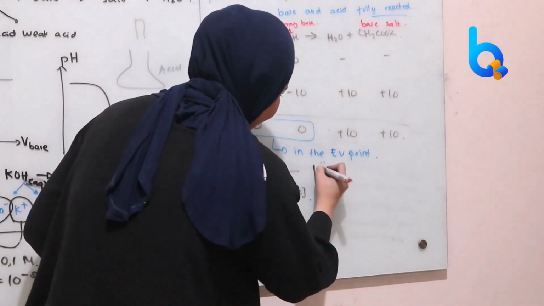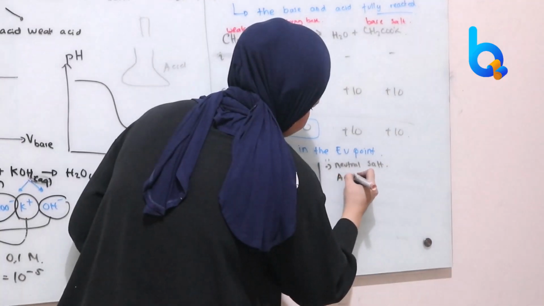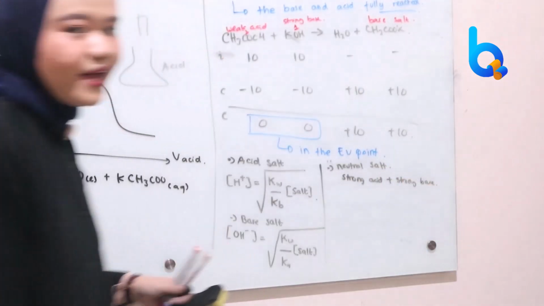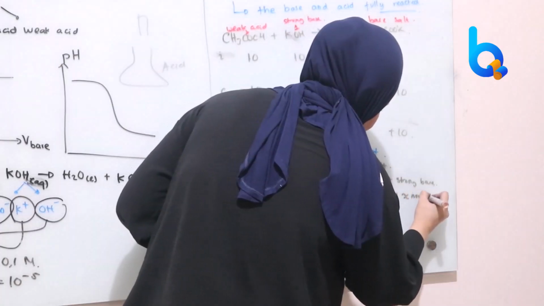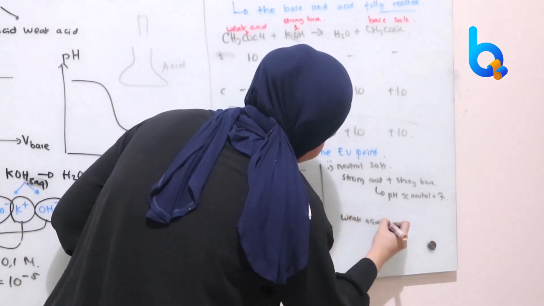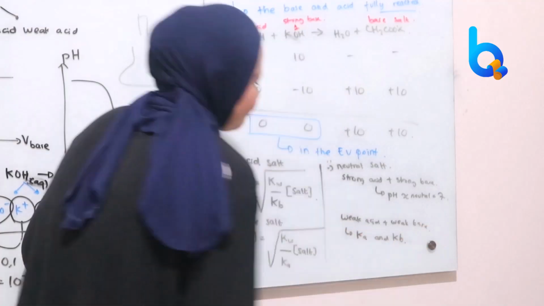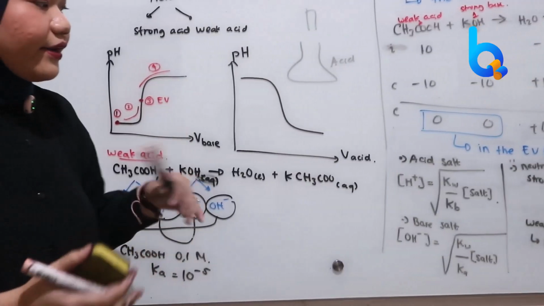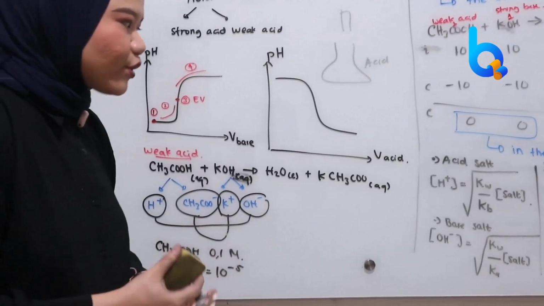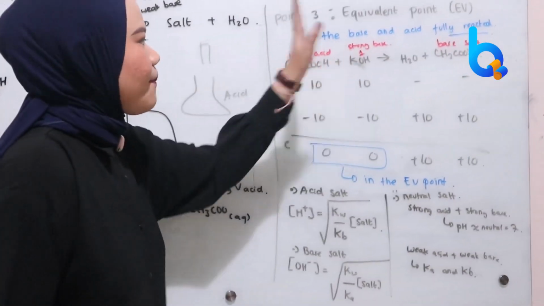If we have a neutral salt, from a strong acid plus a strong base, the pH is probably neutral, so probably 7. But if we have a weak acid and also a weak base, we have to look more carefully at Ka and Kb, because there are probably differences in their values. For most questions I found either acid salt or base salt, so you have to read a little more carefully about the properties of the base and acid.